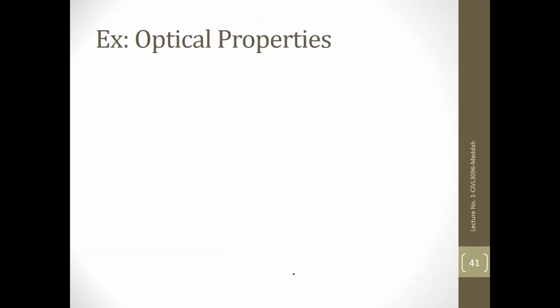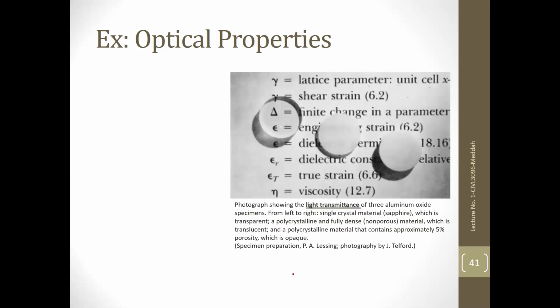Just to give you an example here about the optical properties, because maybe the mechanical properties you are a bit more familiar with, but we're going to give you an example about the optical properties. So look at this text here and these three different specimens.